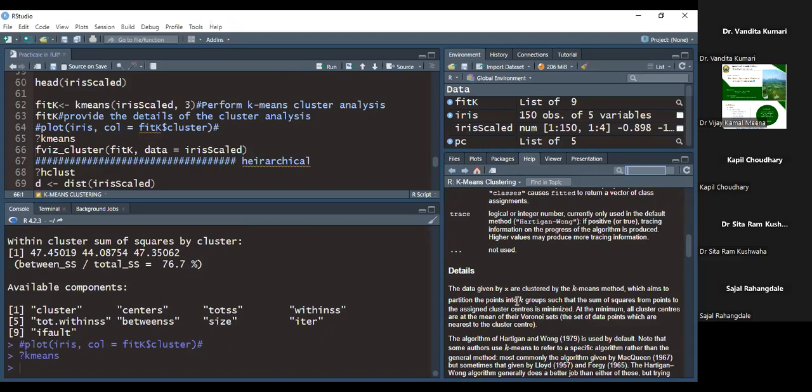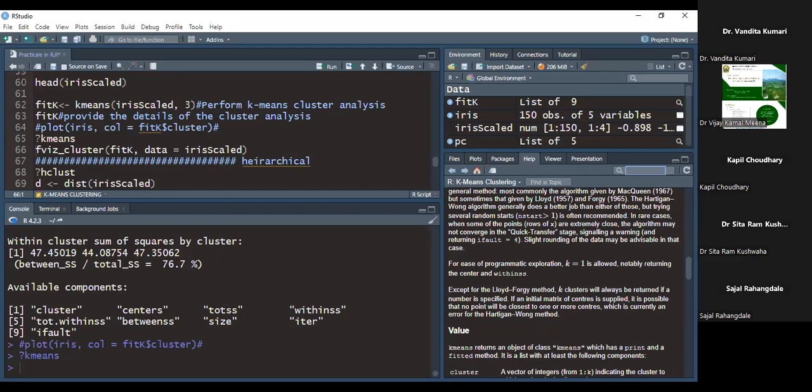Here we have taken 3 groups, such that the sum of squares from the points to the assigned cluster center is minimized. At the minimum, all cluster centers are at the mean of their Voronoi sets, and so on. This algorithm was given by Hartigan and Wong in 1979. You can read the description if you would like to know more. So this is k-means clustering.